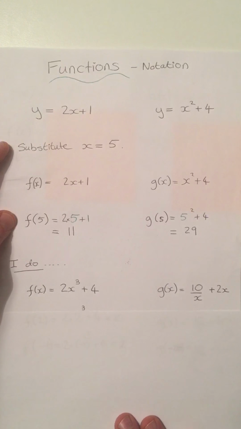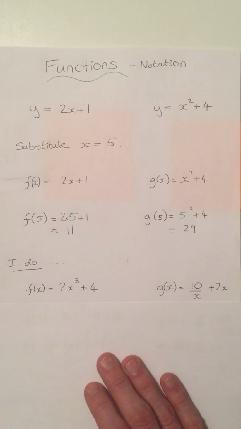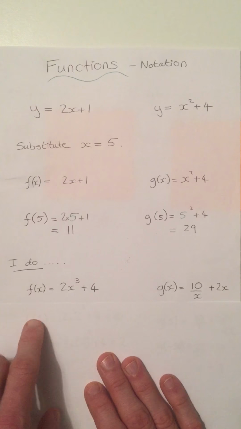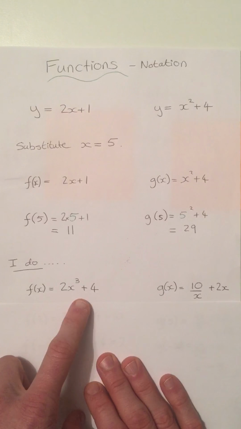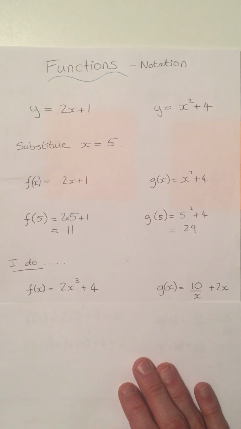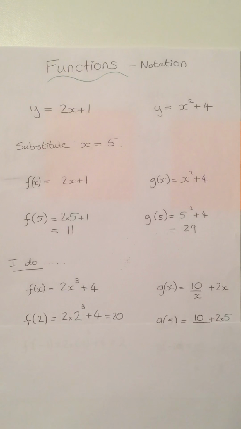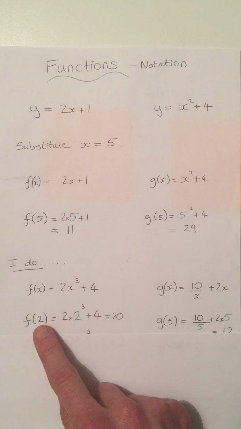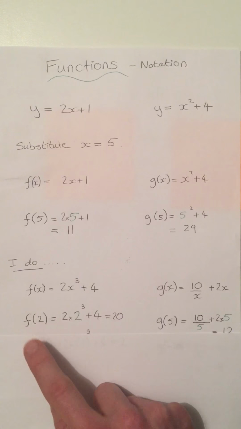So here's a couple of examples that I'm going to do, and then you're going to have a go at some yourselves. I've got two functions. I've got f of x equals 2x cubed plus 4, and g of x is 10 over x plus 2x. If I were to work out f of 2, that would be telling me to substitute 2 into the f function.